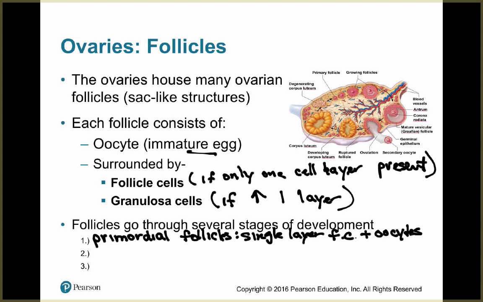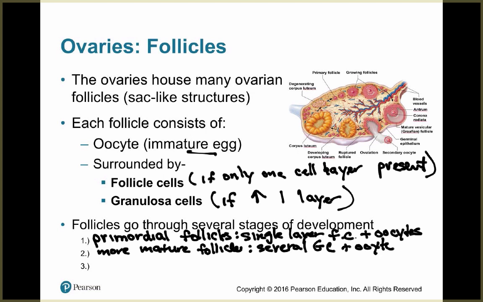Now, as this becomes a more mature follicle, what do you think will happen? Well, if you get more mature, then you're going to have several layers of what? Granulosa cells plus an oocyte. So it's going to transition.